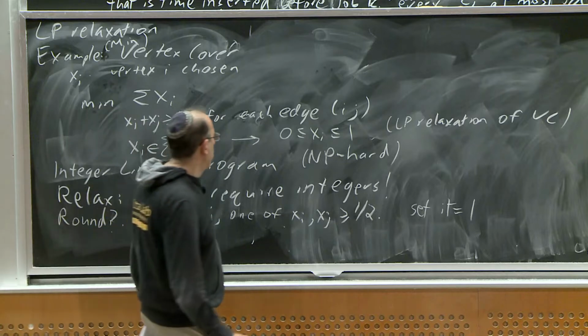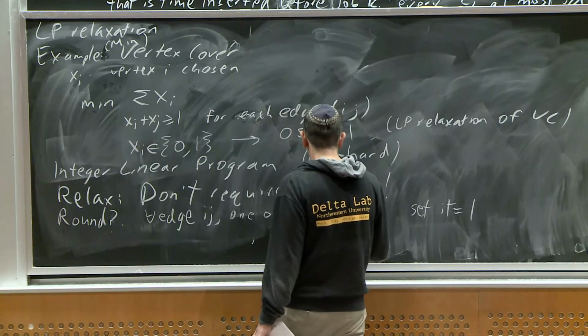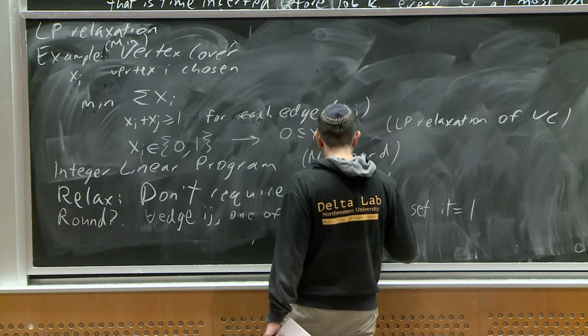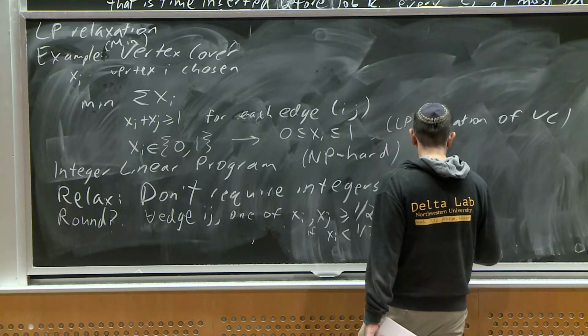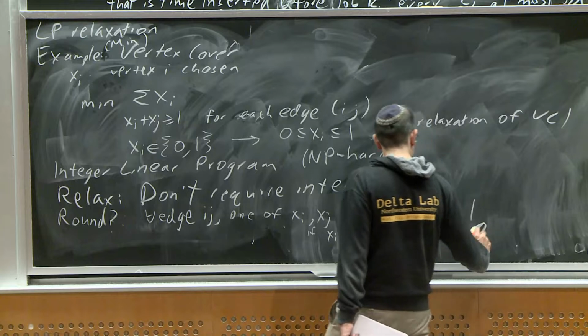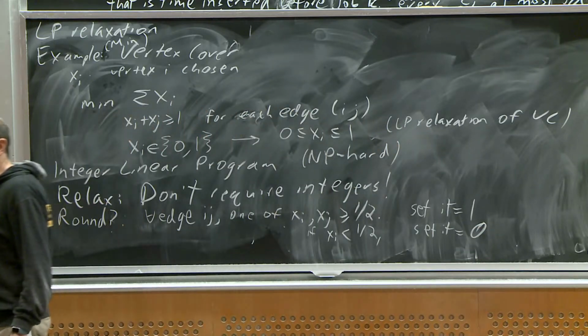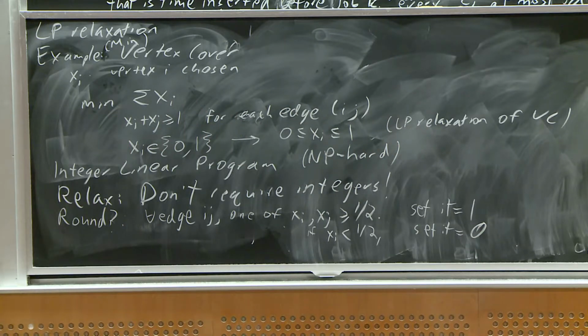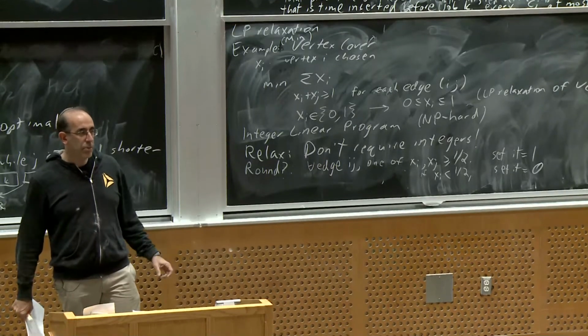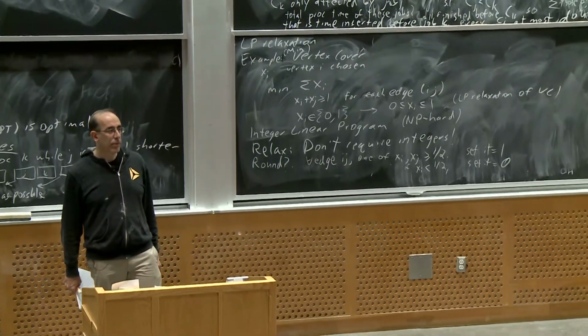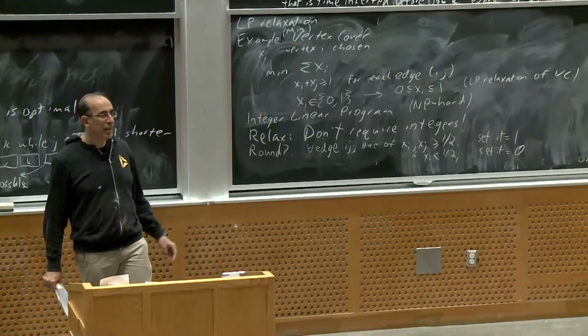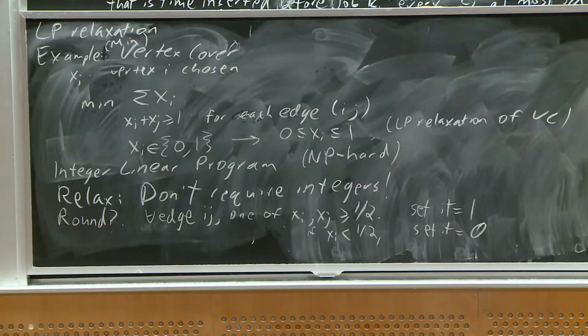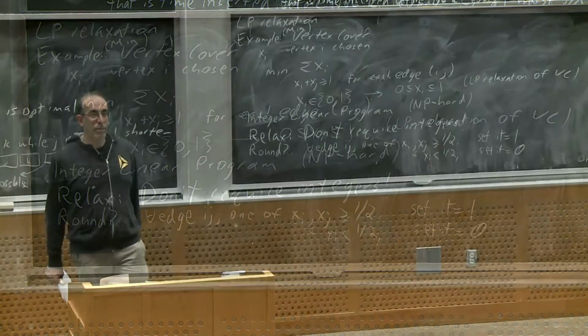If x_i is less than a half, then we'll set it to be 0. And this ensures that for every edge, at least one endpoint is set to 1, which means we get ourselves an integer solution that is a vertex cover. Now, how good of a vertex cover is it? How can we compare it to something and say it is not using too many vertices?